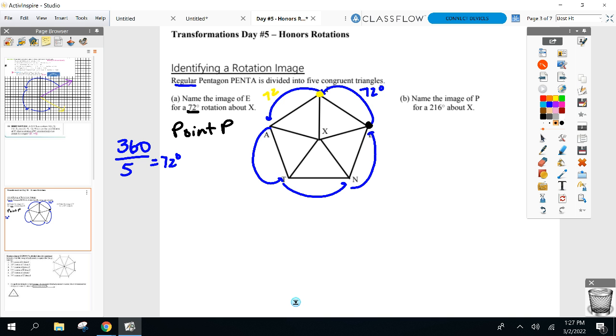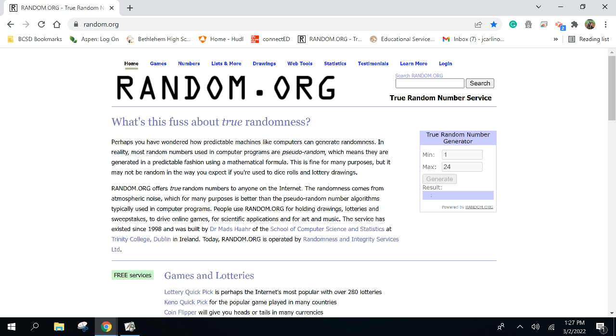From A to T is 72. So how many degrees have I already gone from P to T? 144. And now I go another 72. How many total degrees have I gone? 216.